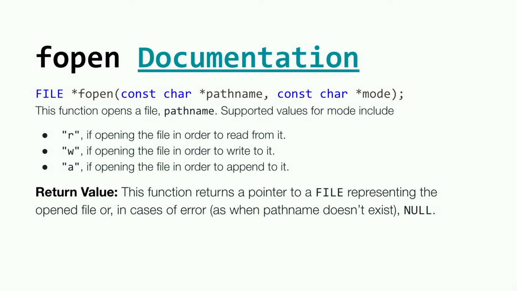Then it also has this mode. So the mode can be "r" if we're opening a file to read from it, "w" if we're opening a file to write to it, and "a" if we're opening a file to append. This function returns a pointer to a file representing the open file, and in cases of error, when the path name doesn't exist, it returns NULL.